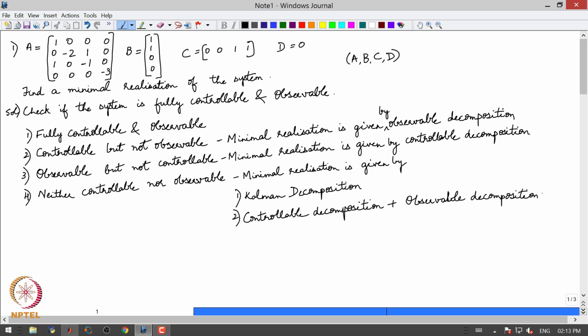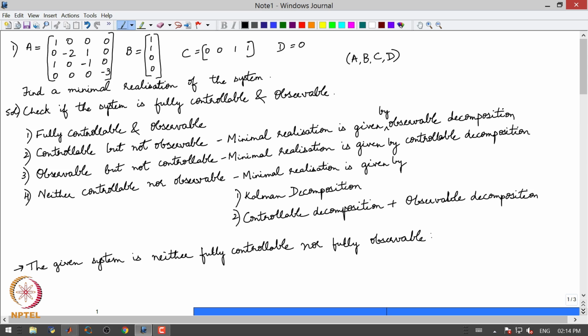So, if we take this system, this given system is neither fully controllable nor fully observable.